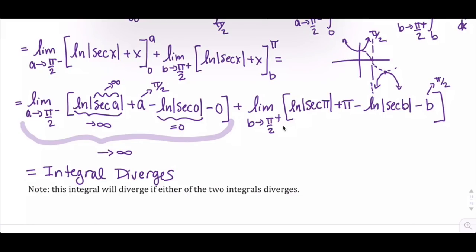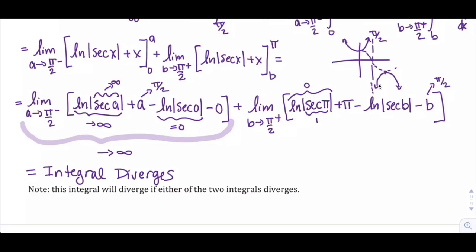Well, we know secant of pi is going to be -1. The absolute value of that will just be 1 since it's inside the absolute value. And we know ln of 1 is going to be 0. Plus pi, and then minus the natural log of secant of b. Well, if b is approaching pi over 2 from the right, then secant of b is approaching -infinity.